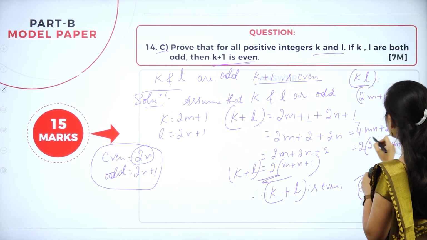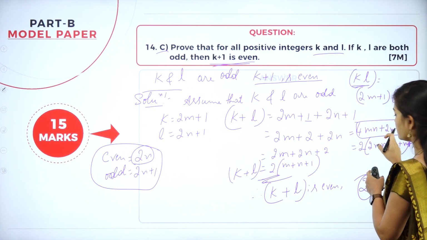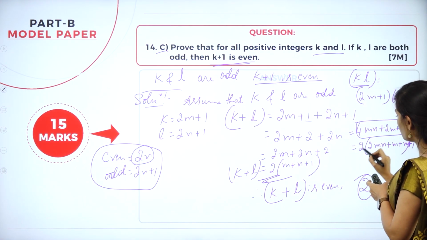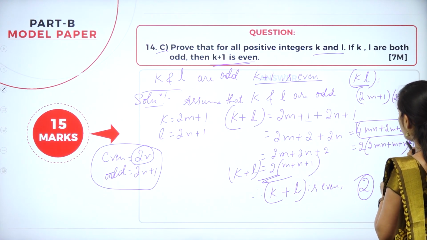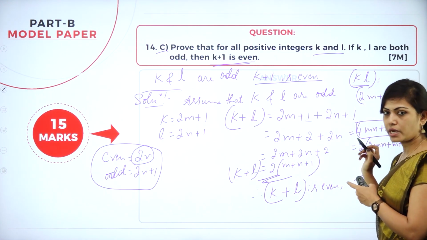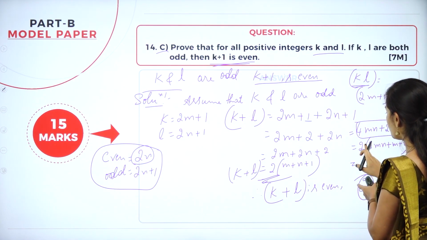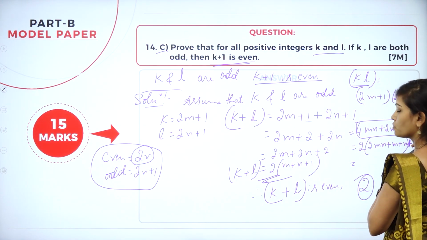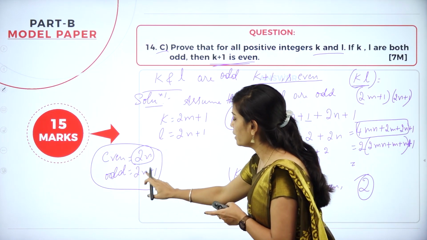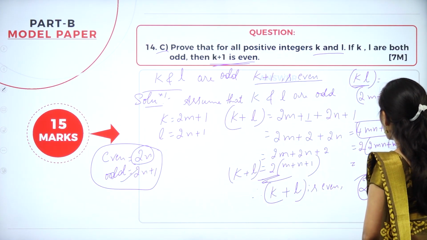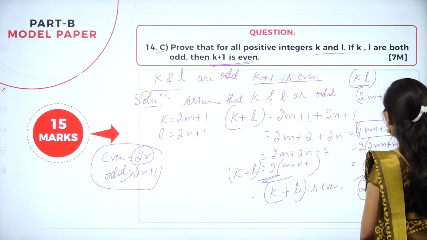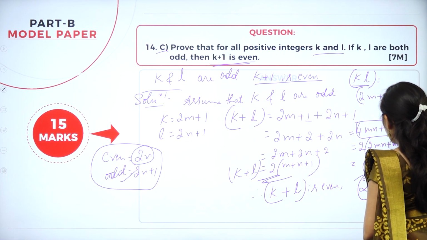Only for these terms I have taken 2 as a common factor: 2 into 2 is 4mn, plus m plus n, and the remaining plus 1 is there. So now this is in the form of 2 into something plus 1. Is it right? So 2n plus 1 means it is an odd integer. So k into l is an odd integer.